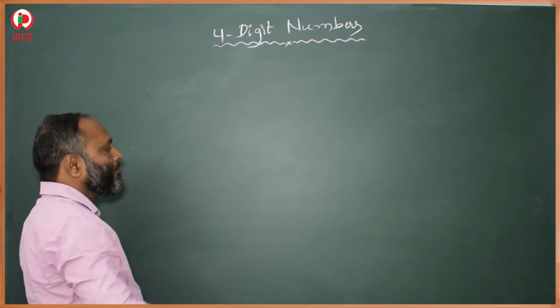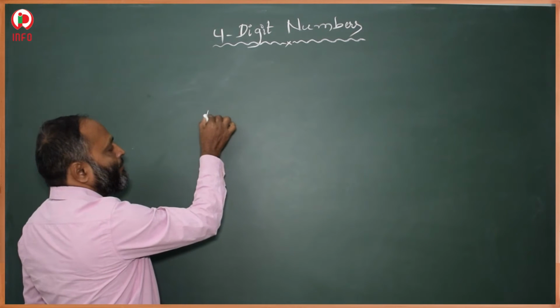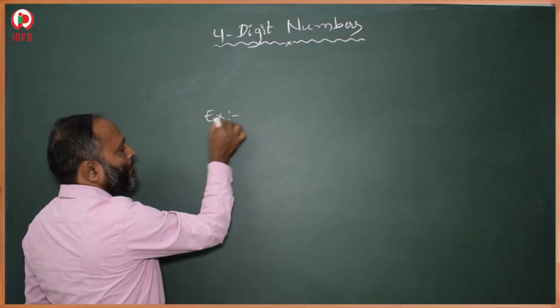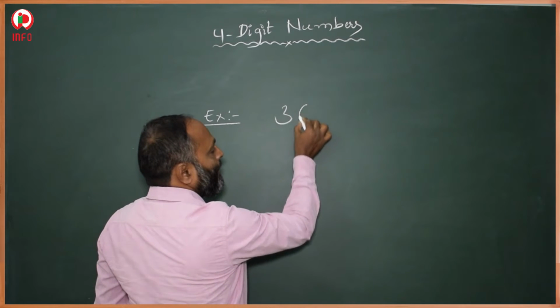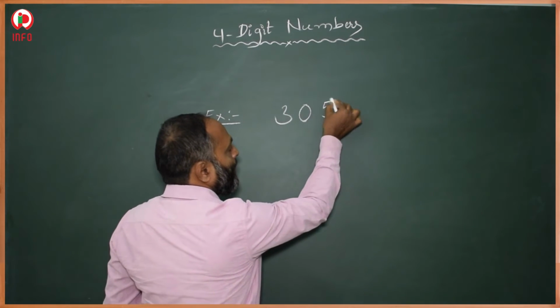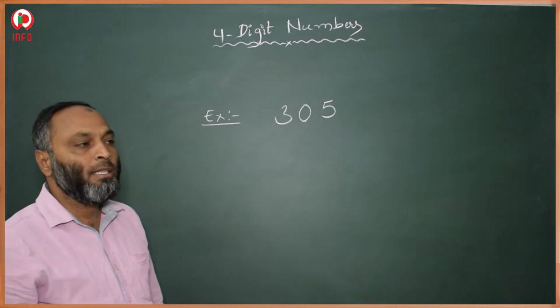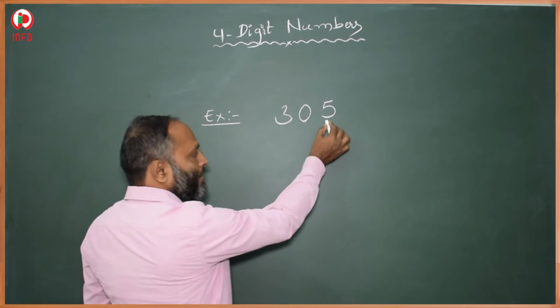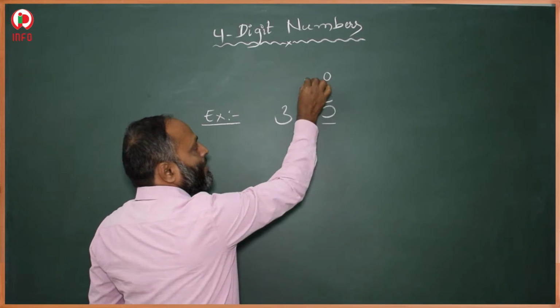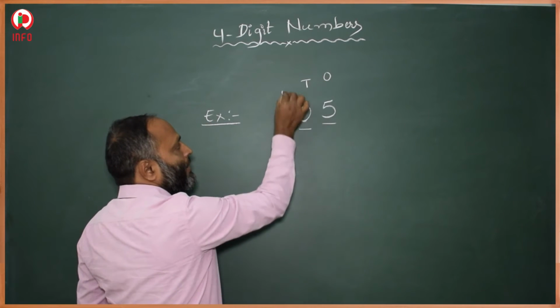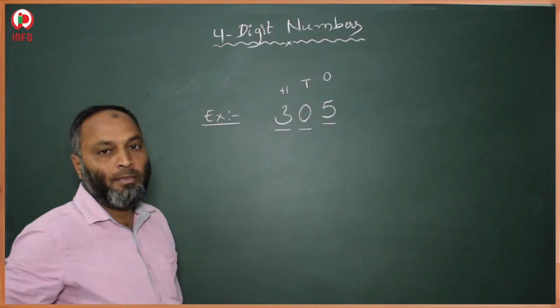So here, for example, three hundred and five. This is our 3-digit number. So this is the ones place, this one is the tens place, and this one is the hundreds place.